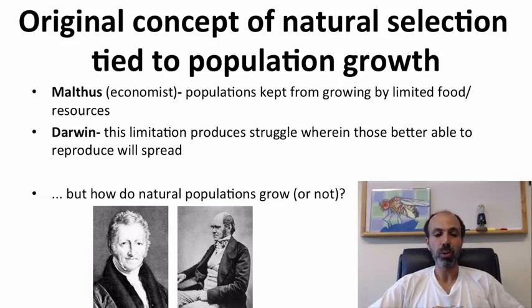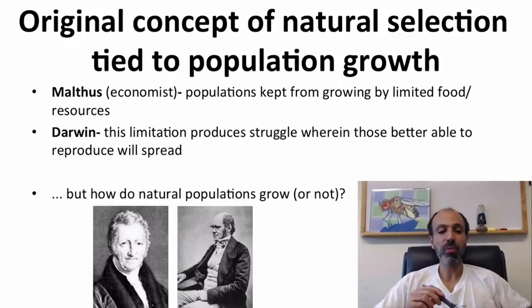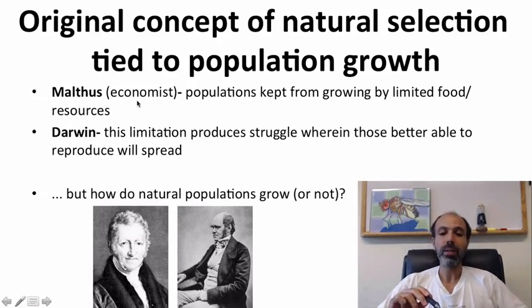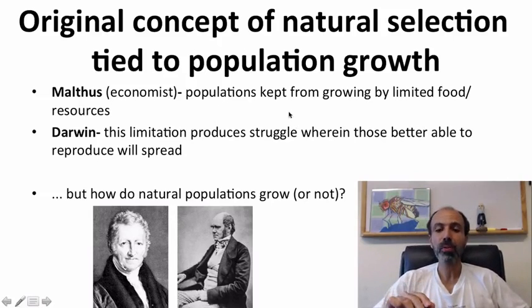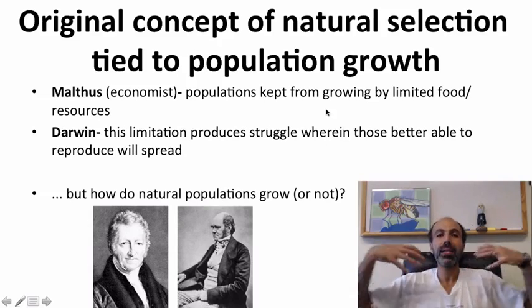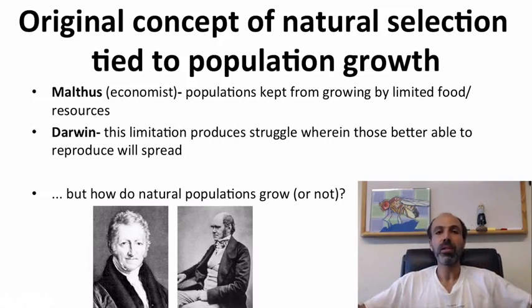Now, if we go back in time, that original concept of natural selection was very intrinsically tied to that of population growth. And Darwin's ideas were very much influenced by Malthus, who was an economist. Malthus had pointed out that populations are actually kept from growing by limited food and resources. Because again, our capacity to breed is very, very great.